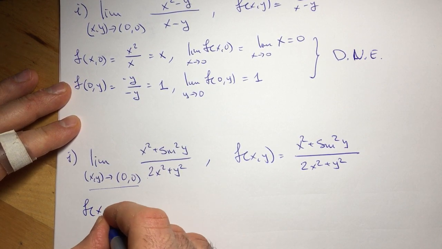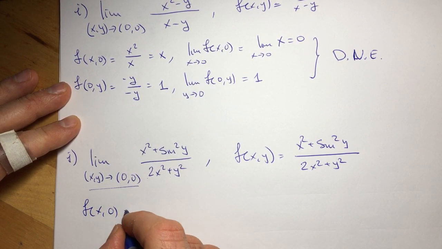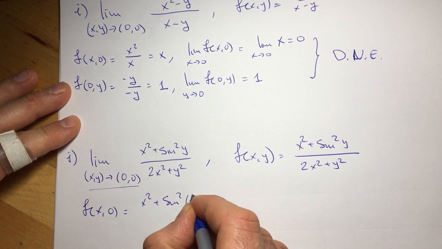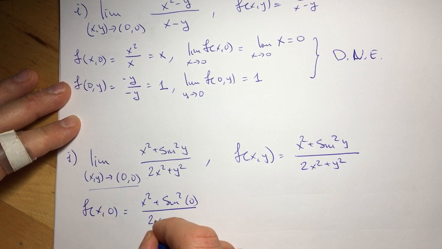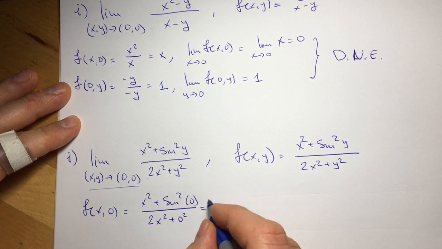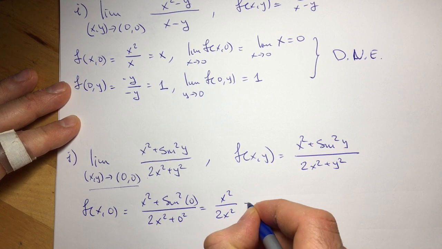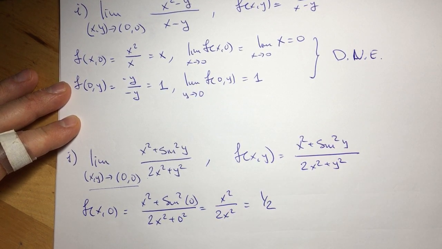When I take y equal to 0, I get x squared plus sine squared of 0, that's 0, divided by 2x squared plus 0 squared. Sine of 0 is 0, so I get x squared over 2x squared, and that's simply 1/2.